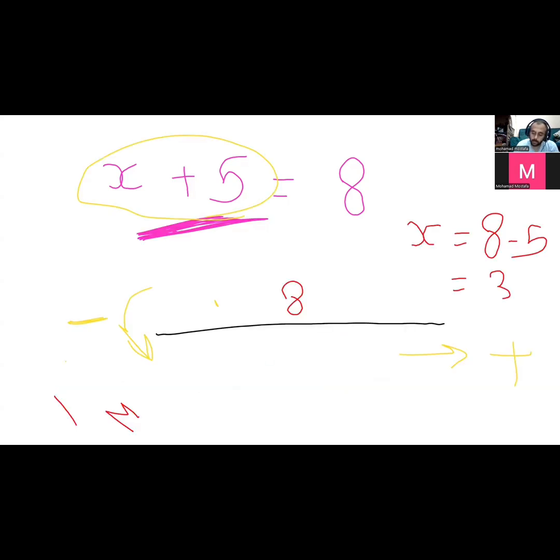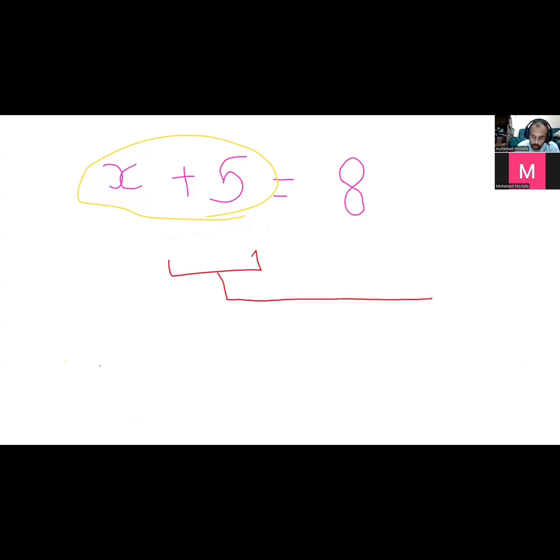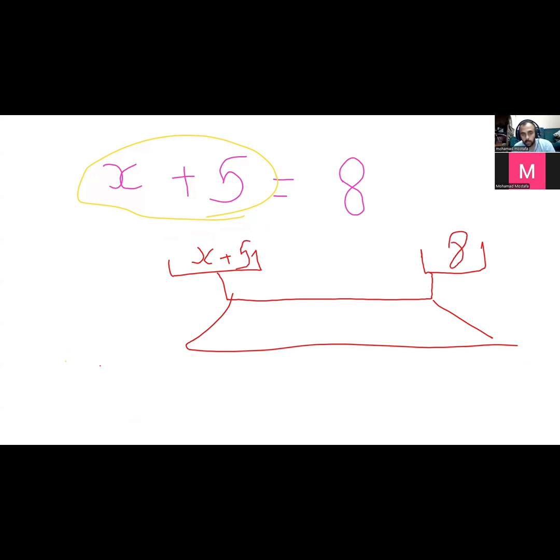Can I use another method? Yes, by using the inverse. What's the meaning of inverse? We see that the equation looks like a balanced scale. I have here x plus 5 and here 8. I want only x on my left hand side.